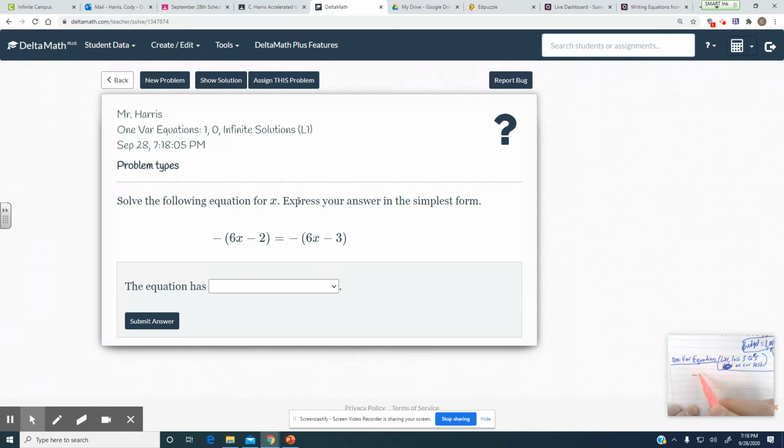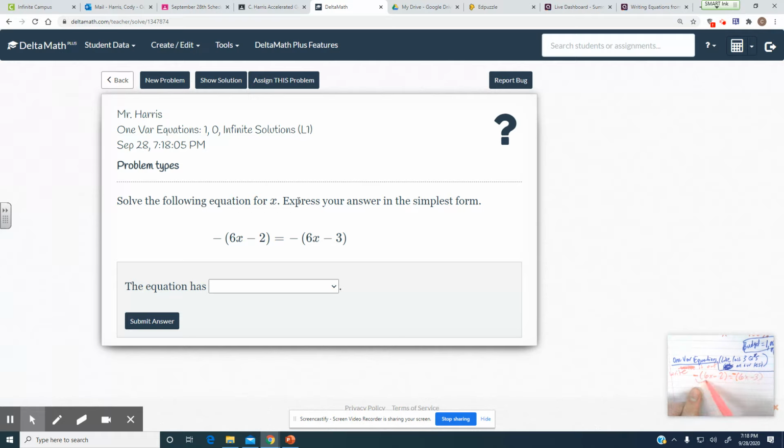We've got negative, parentheses, 6x minus 2. And again, guys, always write this out. That's a terrible way to write. Write it out. Equals, we got a negative there, 6x minus 3.